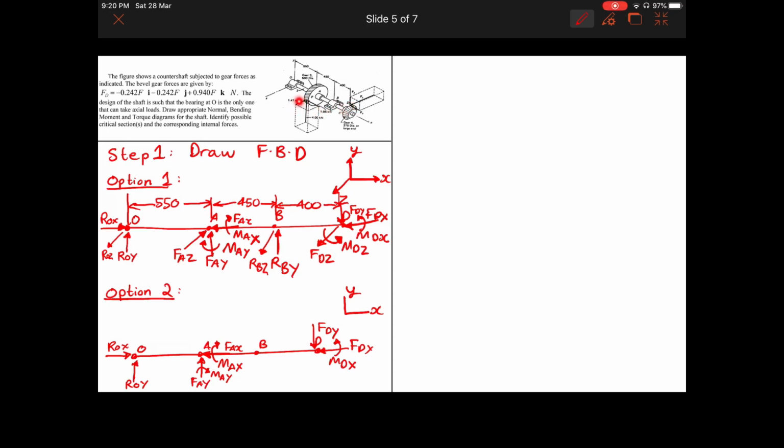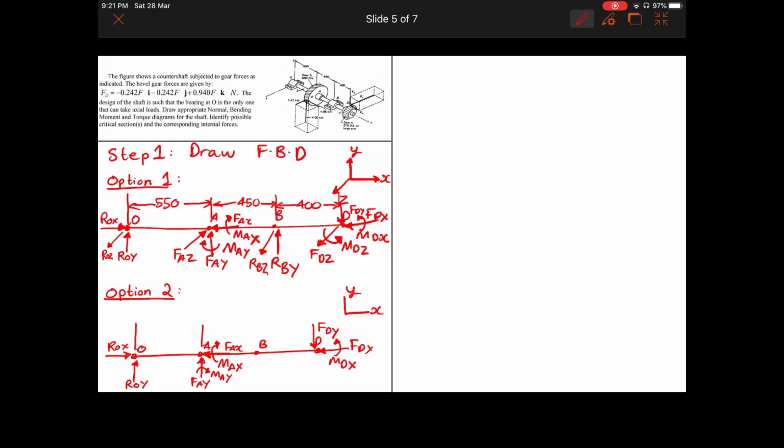Similarly here, the z-axis force is not creating any moment because it is in line with the axis of the shaft. So there is no perpendicular distance between this force and this. But let's say in this case, we have this as the force. The perpendicular distance is the radius of the gear. Same thing goes in this case.